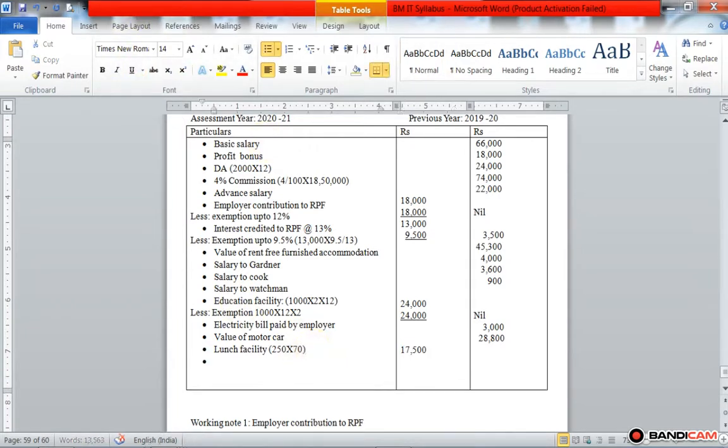Exemption is given for 250 lunches at 50 each. So here we get 12,500 exemption. Deduct this amount from 17,500, and we get 5,000 as the taxable amount.